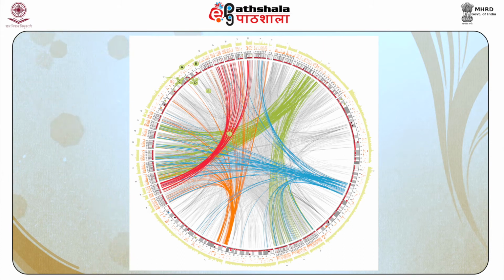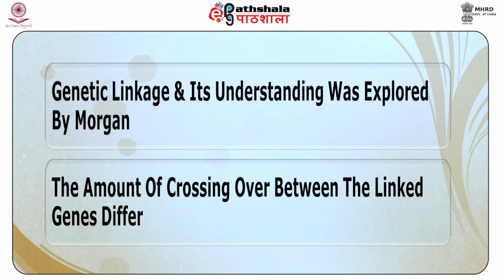It was discovered by the British geneticist William Bateson, with Saunders and Punnett, immediately after the rediscovery of Mendel's laws. Genetic linkage was further explored by Morgan's work, which showed that the amount of crossing over between linked genes differs, which led to the idea of crossover frequency.